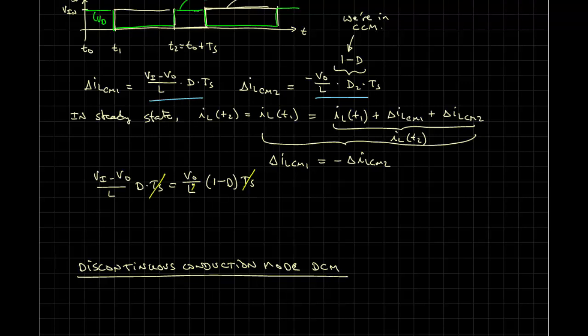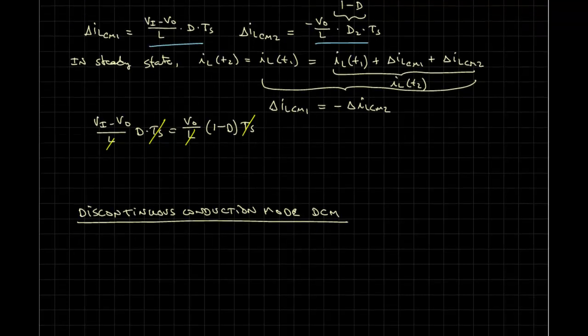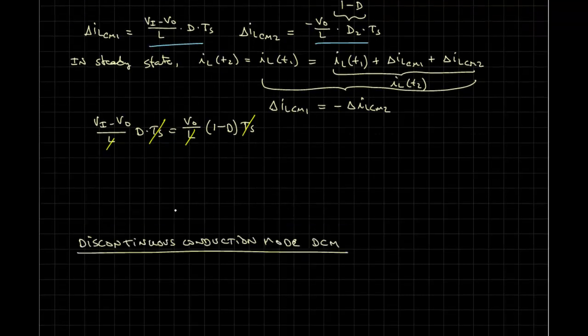The Ts's cross out, the L's cross out, and we arrive at Vi minus Vo times D is equal to 1 minus D times Vo.